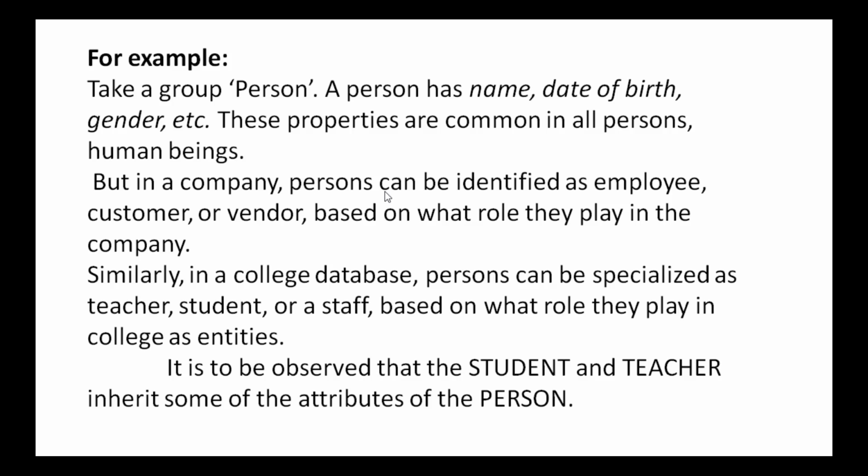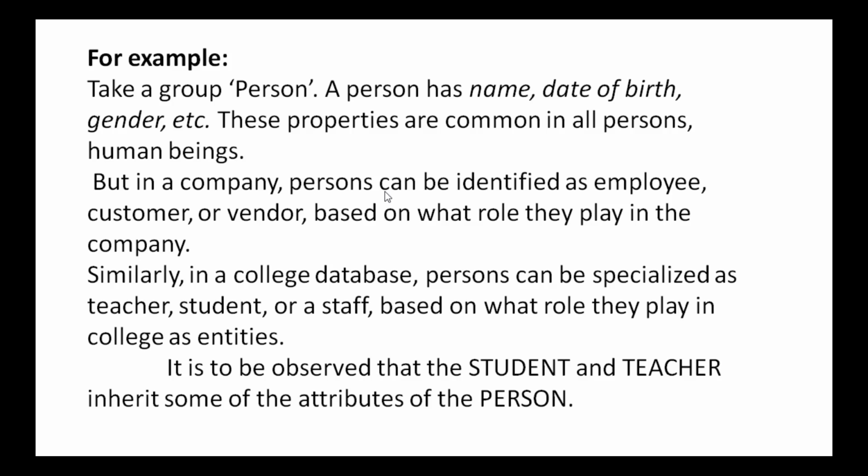But in a company, the persons can be identified as employees, customer, or vendor based on what role they play in the company. Similarly, in a college database, person is an entity supertype which has common characteristics and can be specialized as teacher, student, or staff based on what role they play in the college as entities.